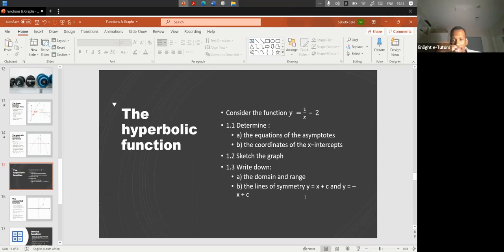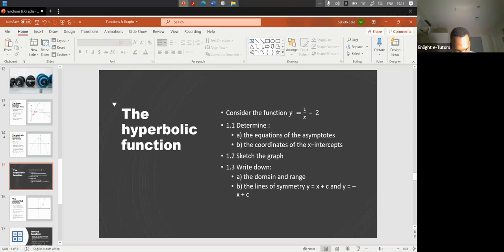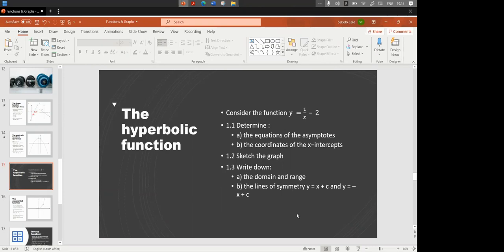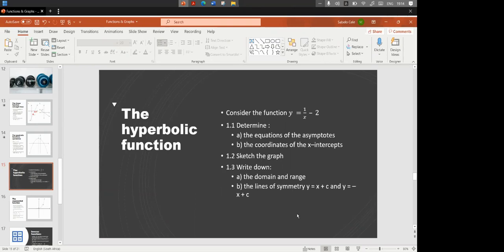After that, they say write down the range and the domain. The domain is going to be from negative infinity to positive infinity.